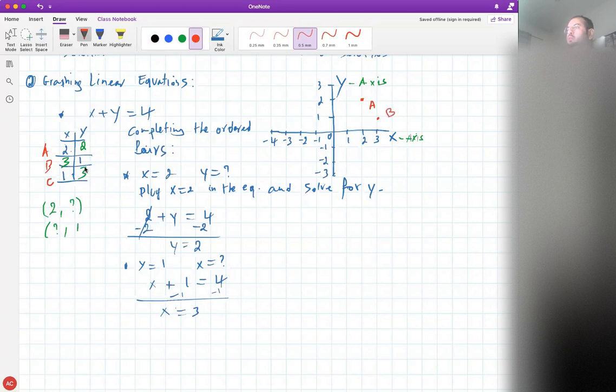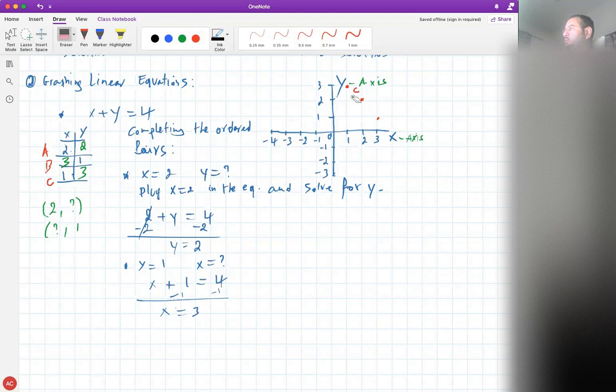Finally, 1, 3. This time, we're starting from X equals 1, which is here. Where do you go from there? Up 3. You go up 3. That's right. So X is 1, the Y is 3. This is the point C. And once you plot all of your points, let me just rewrite these.